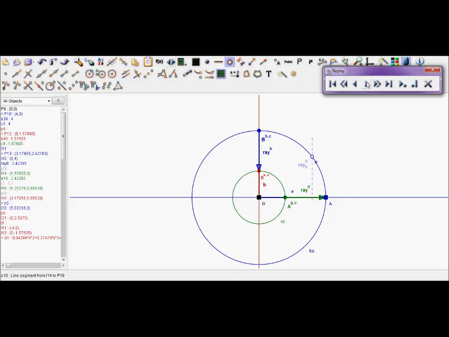If we construct the radius of the bigger circle through point P, we get the green point P on the smaller circle. All other points on the smaller circle are projected with rays that are parallel to this green ray, and the same goes for our green point P. Where both rays from the point P intersect, that is where we get the red point P, and this one lies on the ellipse.